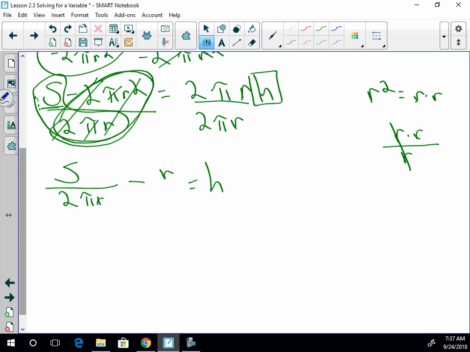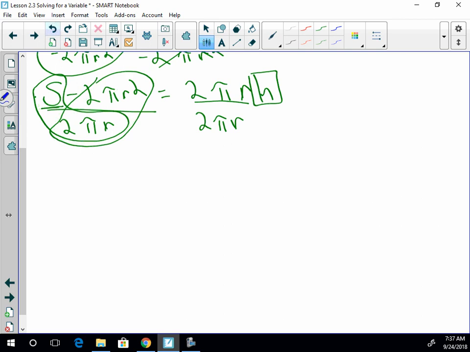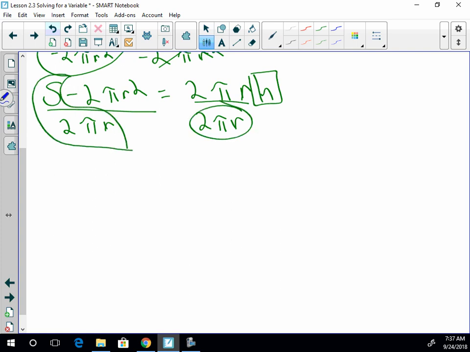Okay, let's go back to that last step one more time and briefly reanalyze that. What I'm doing is dividing by the 2 pi r, and I'm realizing I have two division problems that are separated by the subtraction symbol. This one that I circled, you cannot simplify, so I just wrote it down.